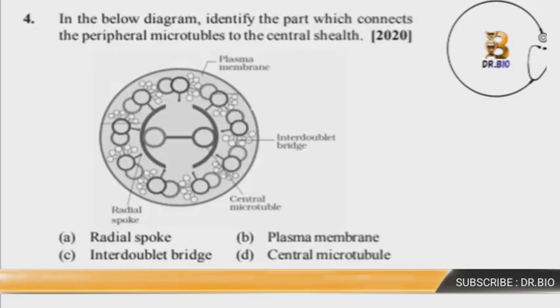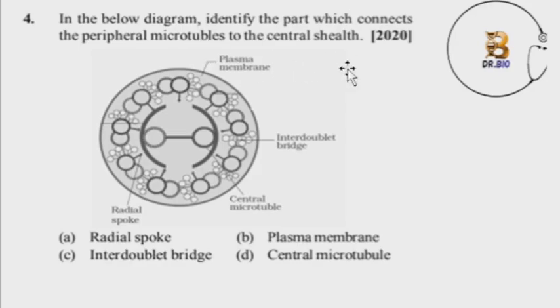Fourth question, in the below diagram, identify the part which connects the peripheral microtubules to the central sheath. When we observe these structures, these are somehow little bit easy questions. So 2020 they asked. Here at the edges we have the periphery, and at the periphery region we have the peripheral microtubules surrounding the portion.